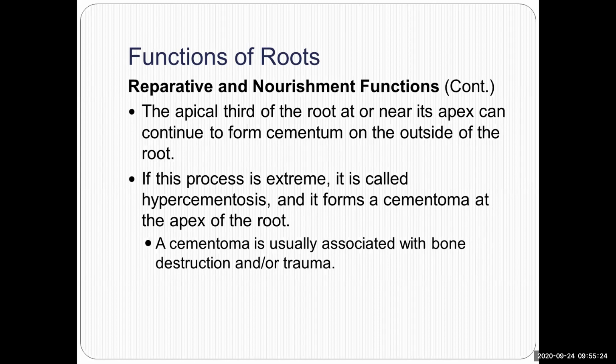Osis, O-S-I-S, is the condition of; hyper, too much; cementosis. All right, and it forms a cementoma at the apex of the root. A cementoma is usually associated with bone destruction or trauma.